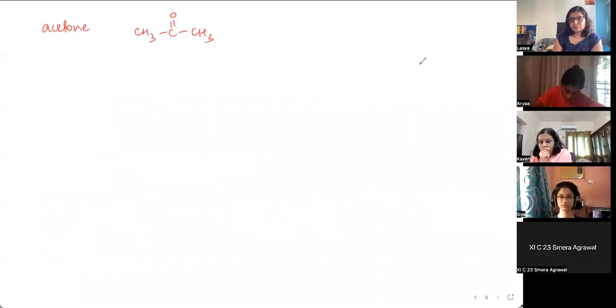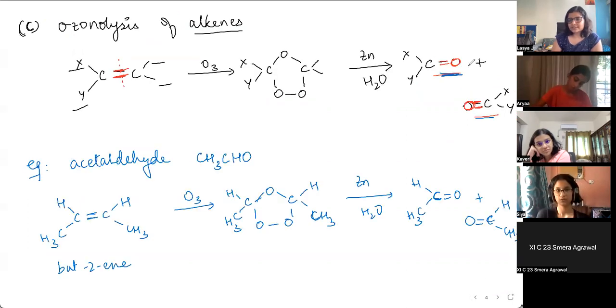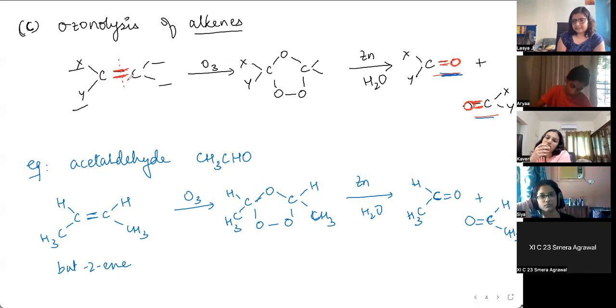So my end product should look like this: CH3, C double bond O, CH3, and the same thing again, CH3, C double bond O, CH3. So based on this reaction, wherever the double bond O is coming, that started off as the double bond of the alkene, right?